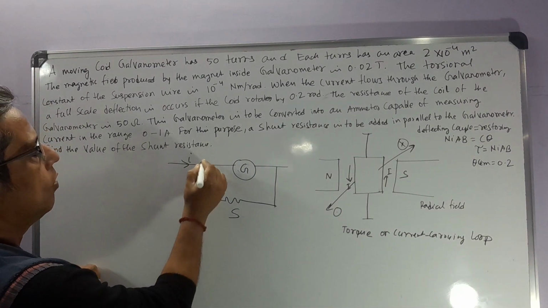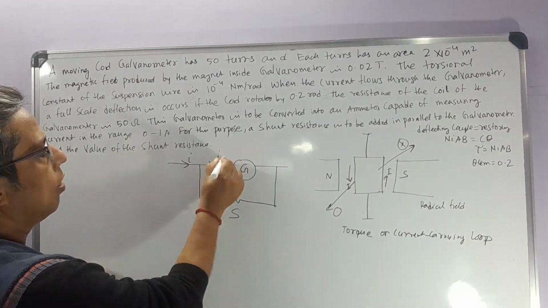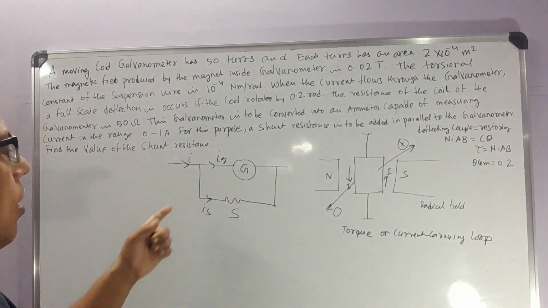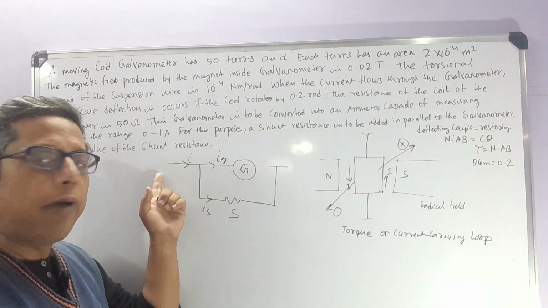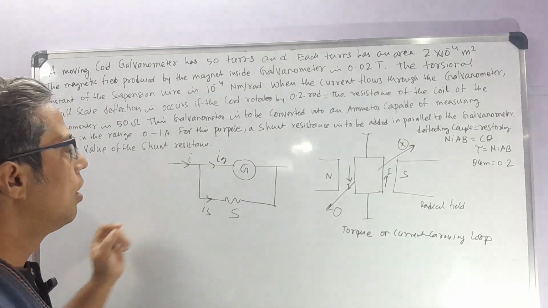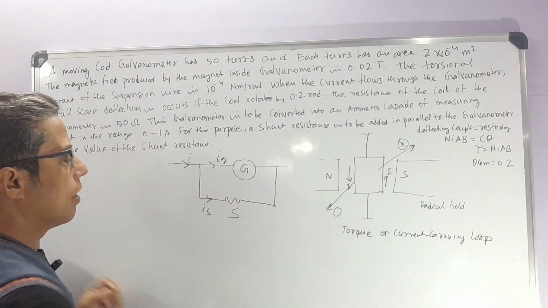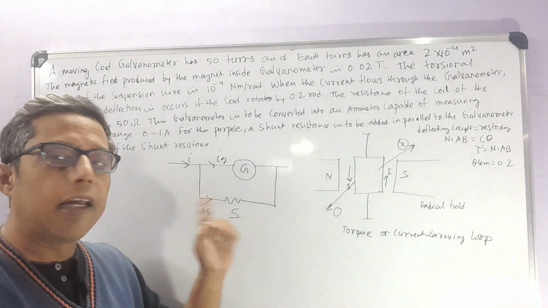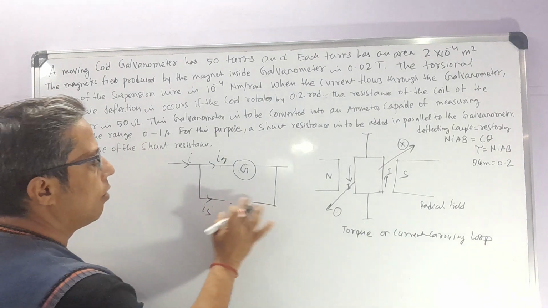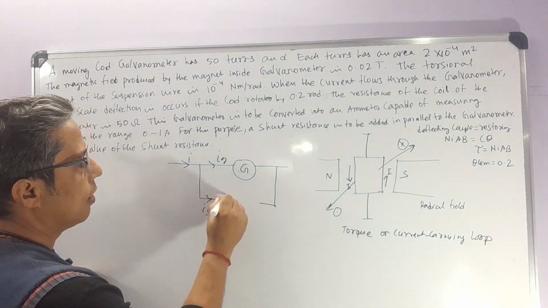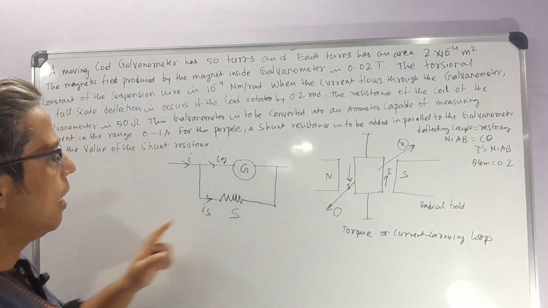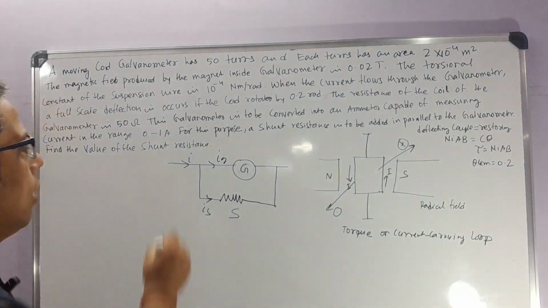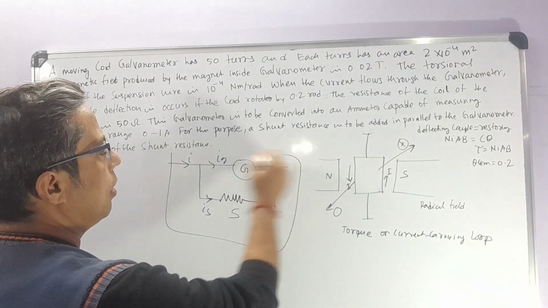The main current I will be divided into Ig and Is. So the shunt is a resistance added with the galvanometer. Mind it, this shunt is a resistance added in parallel with the galvanometer. Then only it becomes an ammeter.